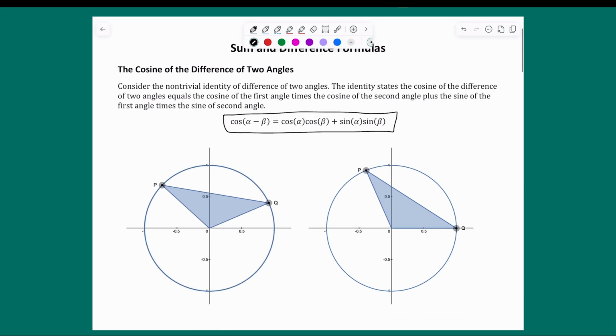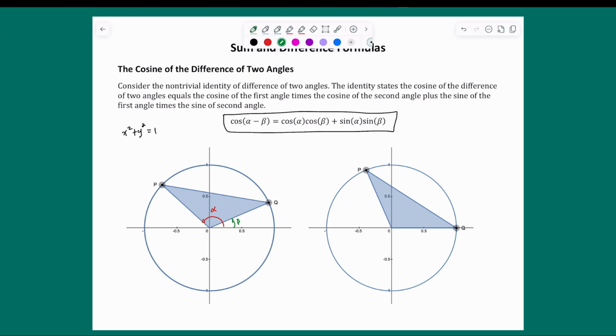All right, so consider the unit circle on the left. Remember, the unit circle is x squared plus y squared equals 1. Suppose we have two points, P and Q, which are on the unit circle, and we have the angle in standard position, that's alpha, and then another angle in standard position, and that's beta.